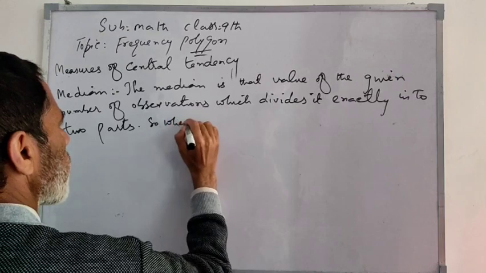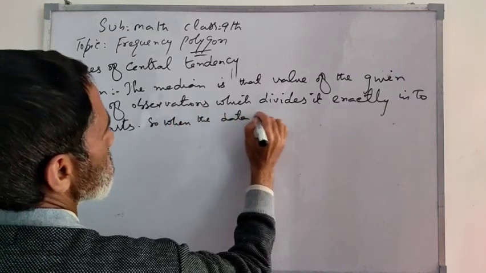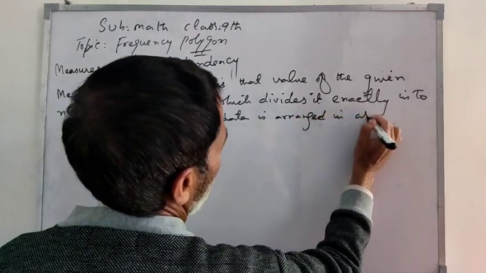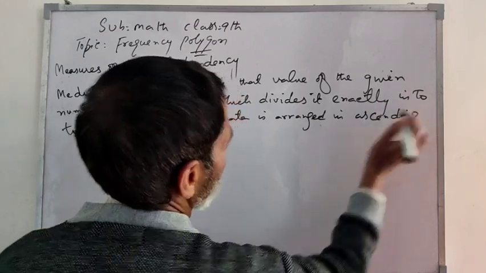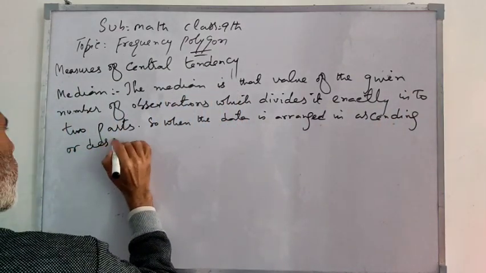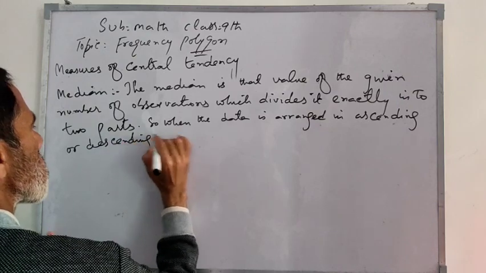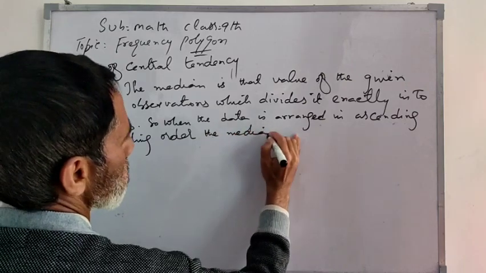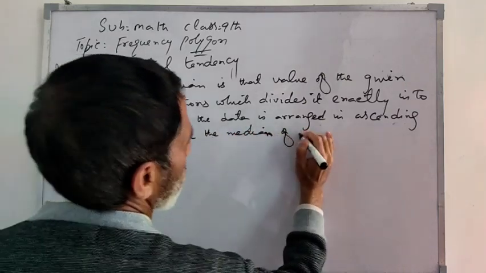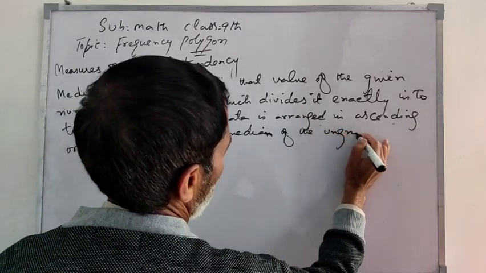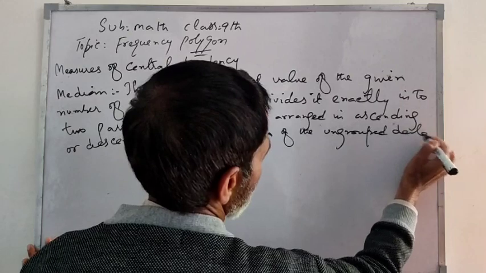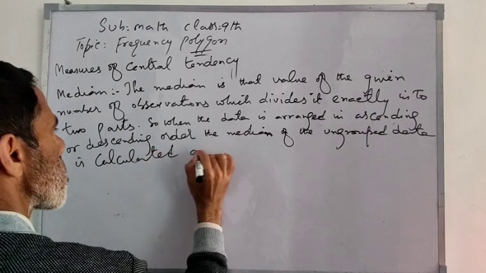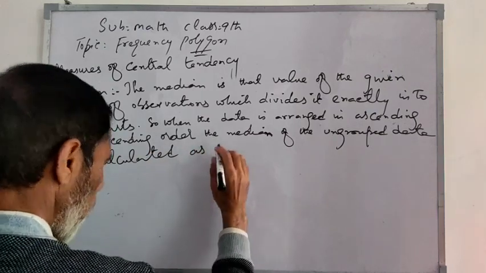When the data is arranged in ascending or descending order, the median of ungrouped data is calculated as follows.